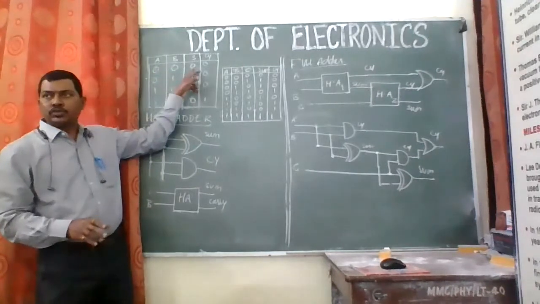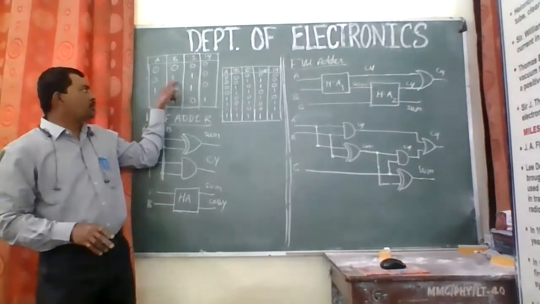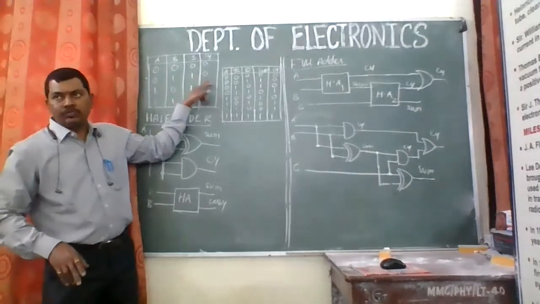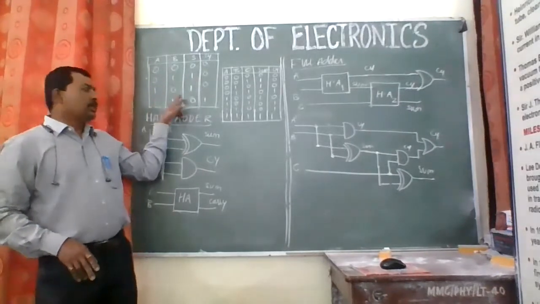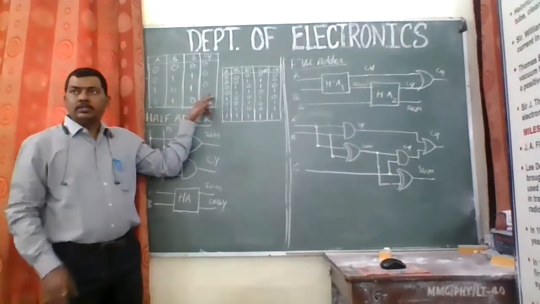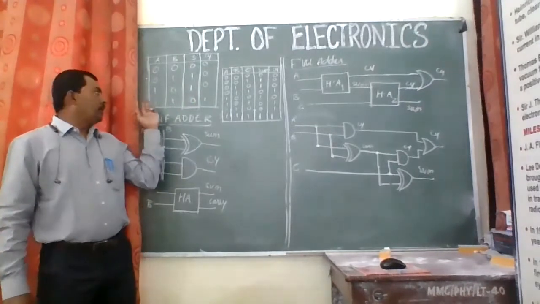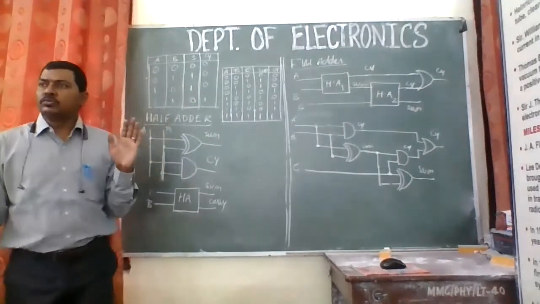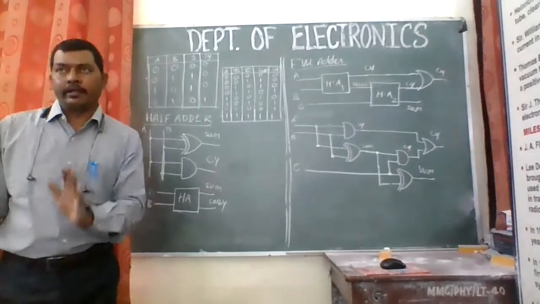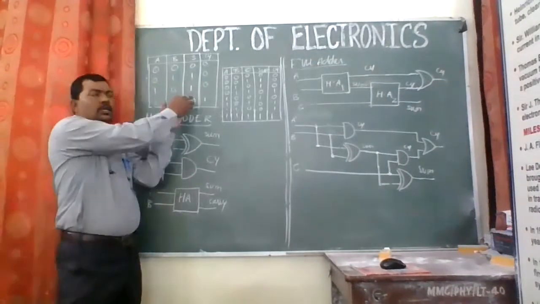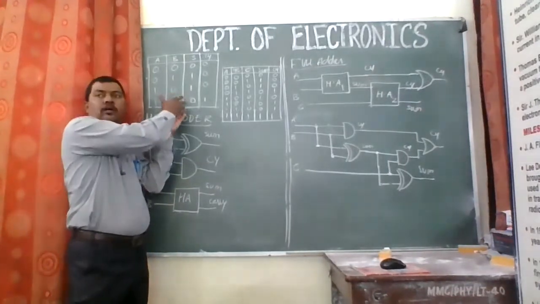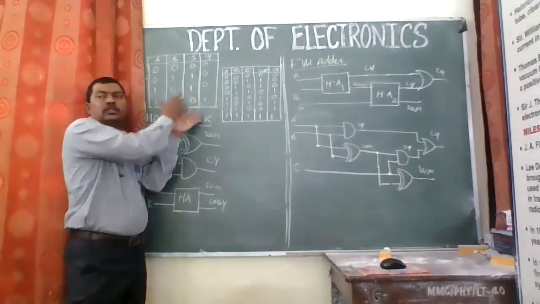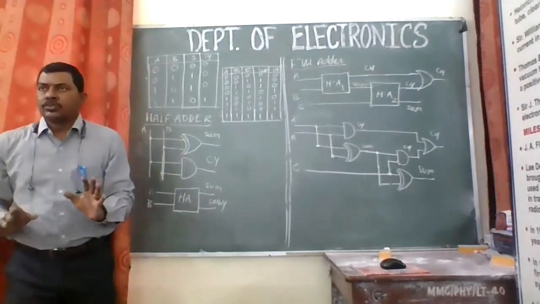So we have added 0 plus 0 will give you 0 with a carry 0. 0 plus 1 will give you sum 1 with a carry 0. 1 plus 0 will give you sum 1 with a carry 0. Right? When 1 plus 1 will give you 0 sum with a carry 1. So if you see this, it looks like this is the truth table of an XOR gate, and this is the truth table of an AND gate.